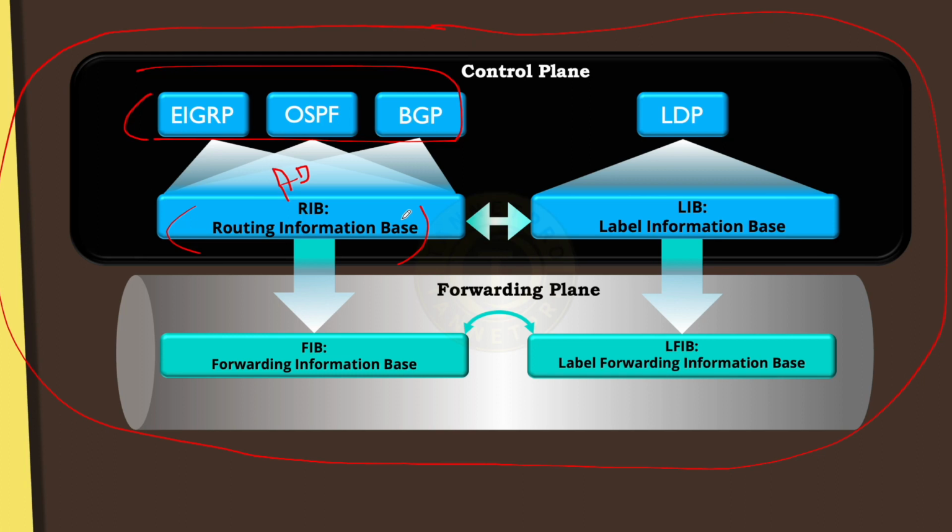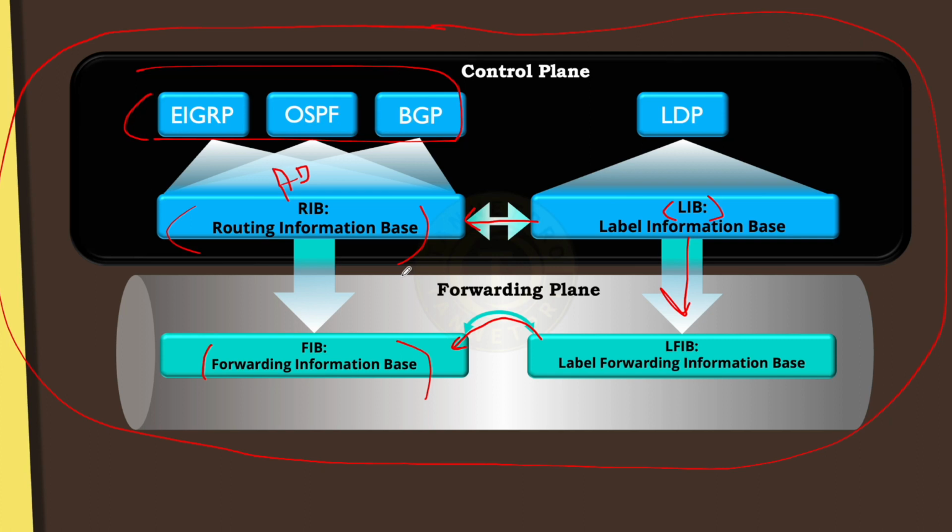Based on that, they decide which is the best path, and that is installed in the FIB or CEF table, the forwarding information base, forwarding plane, data plane, whatever you want to call it. And LDP works very closely with this RIB and FIB to build the LIB and LFIB, right? So this LIB is built by working closely with the help of the RIB. Then with its help the LFIB is built, and this LFIB is built in coordination with the FIB, right?